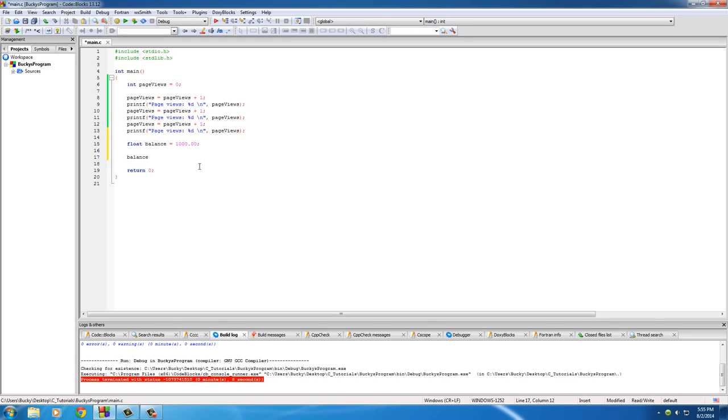So what you can do, instead of having balance equals balance whatever, is do it all in one shebang. If you hit the asterisk, which of course is multiply, and hit the equal sign, then what this is saying is, well, actually I'll type in the equivalent line of code: balance equals balance times 1.1.